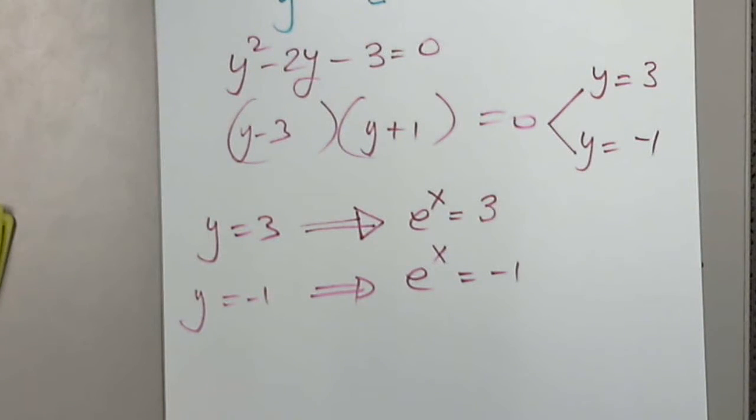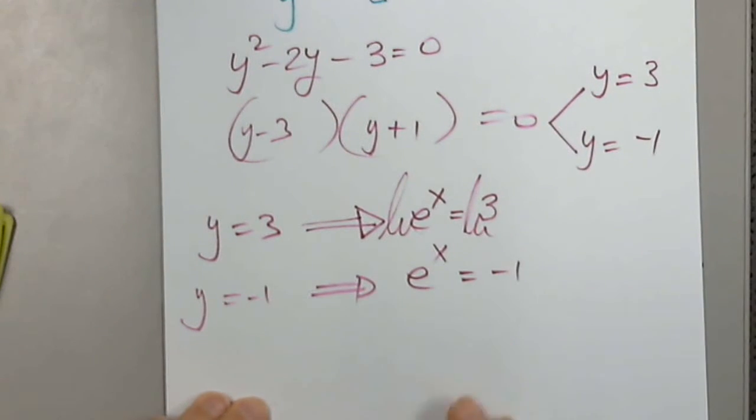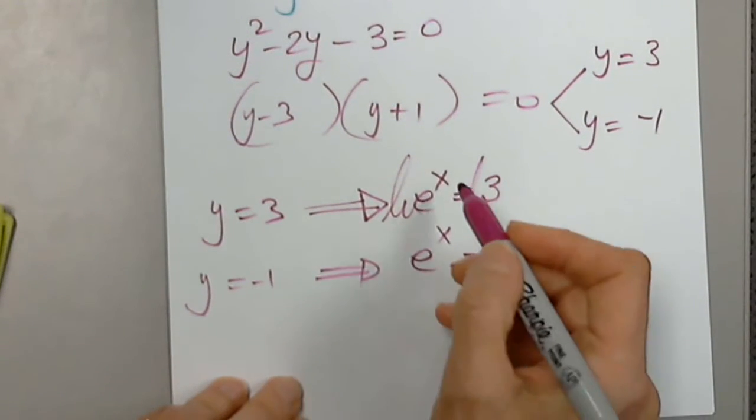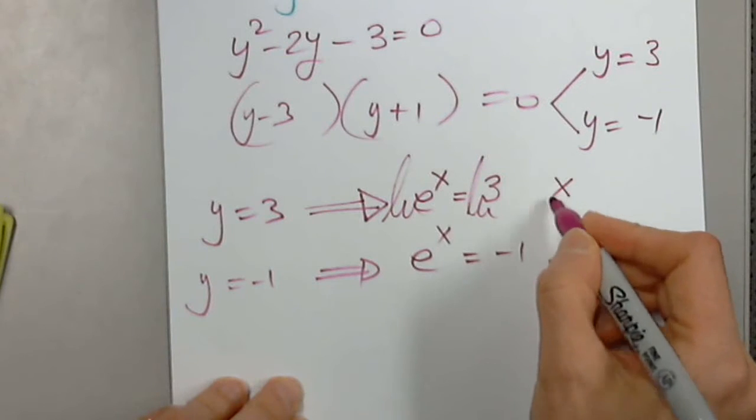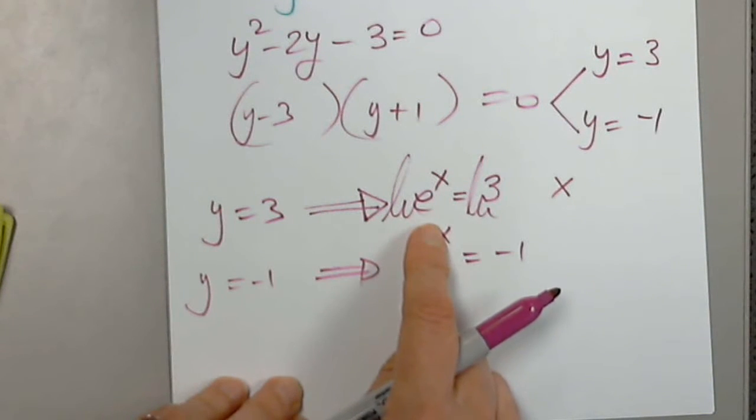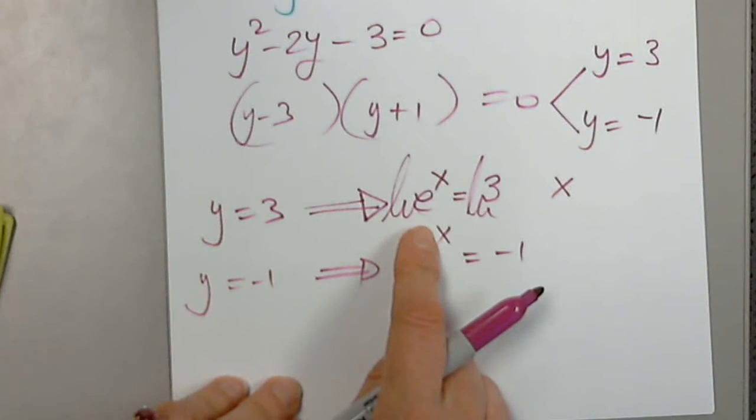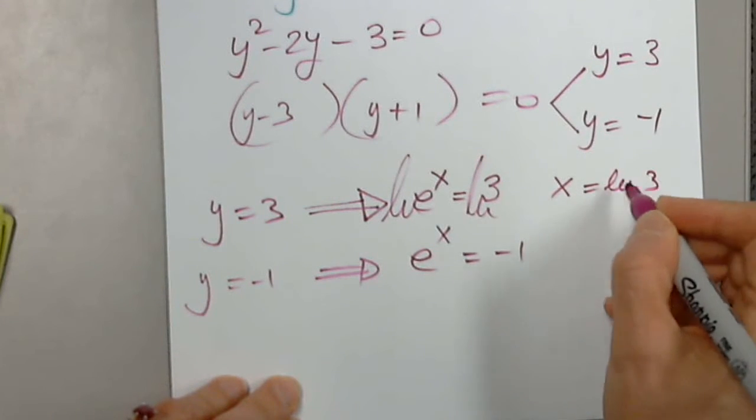What is the only method that I can apply if I cannot present both sides with the same base? Apply natural log to both sides. Very good. I bring x in front, but x times natural log e. How much is natural log e? Very good. So this is natural log 3.